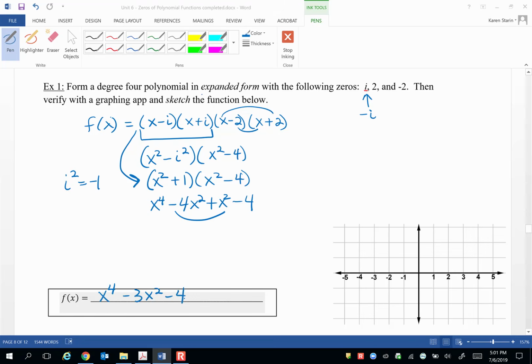Now I already know several points on this graph. I know I have two real zeros, one at -2 and one at +2. I can also read the y-intercept is at -4. So I'm going to count on the y-axis by 2's. So I know I'll cross the y-axis there.